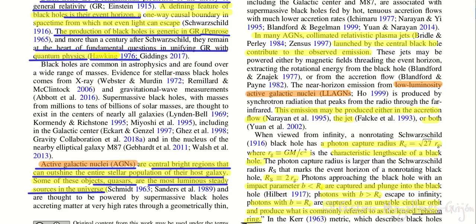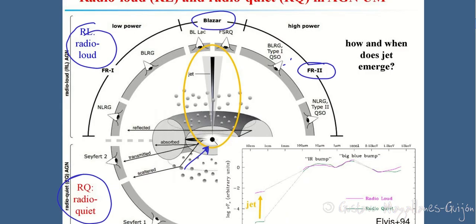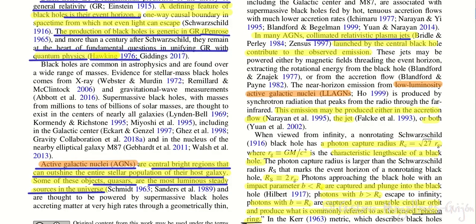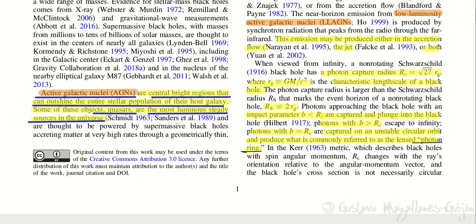This AGN has collimated relativistic plasma jets, with a dimension of kiloparsecs. These jets are launched by the central black hole and contribute to the observed emission. And this emission may be produced either in the accretion flow.